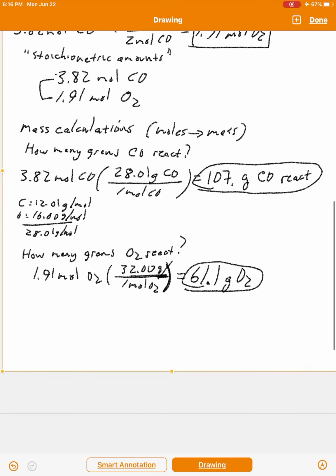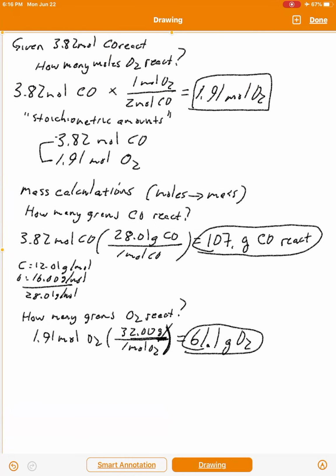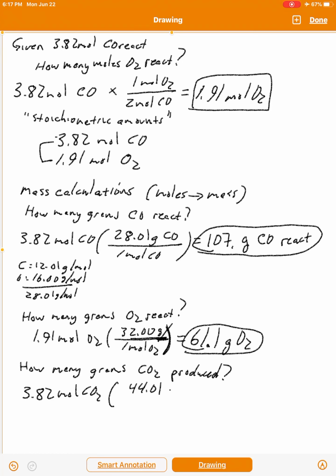Now, what about the CO2? How many grams of CO2 will be produced? Well, we know it's 3.82 moles. It's 44.01 grams per mole.